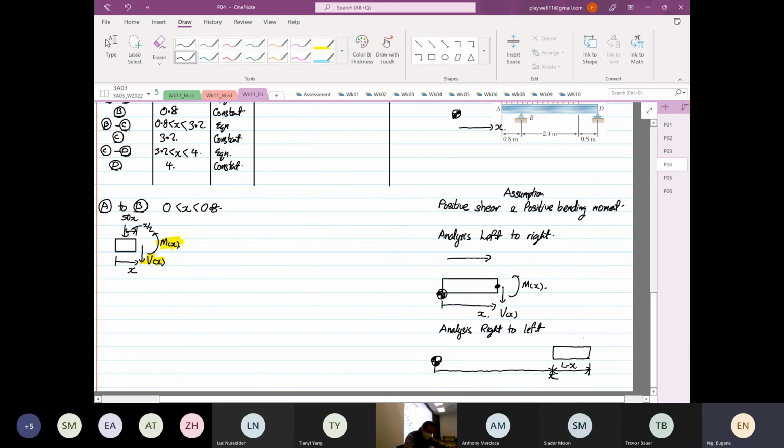Your positive shear and positive moment assumption is in the opposite direction. So this analysis starts from the right and goes to the left, while this one starts from the left and goes towards the right. This is what we mean by the positive shear, positive bending moment assumption.